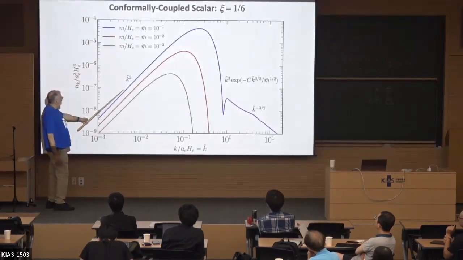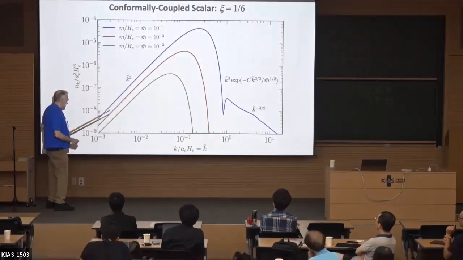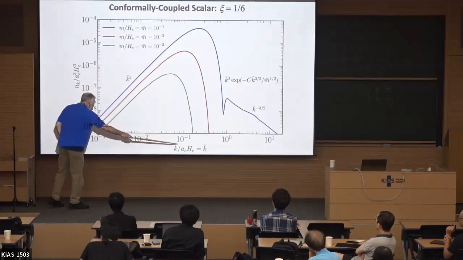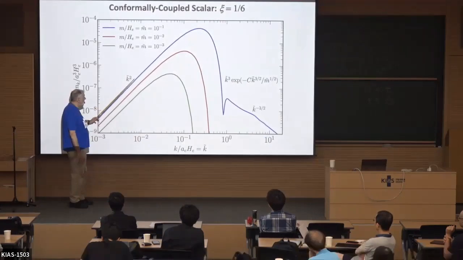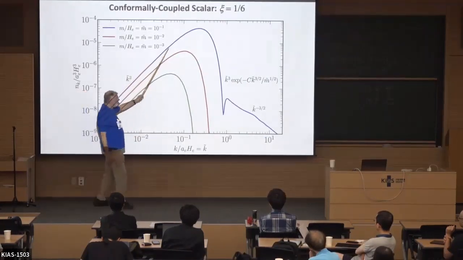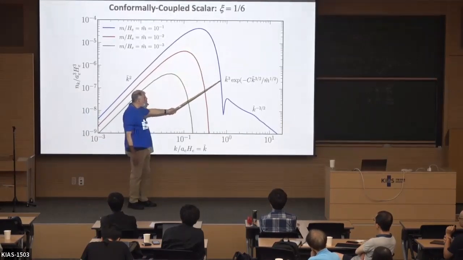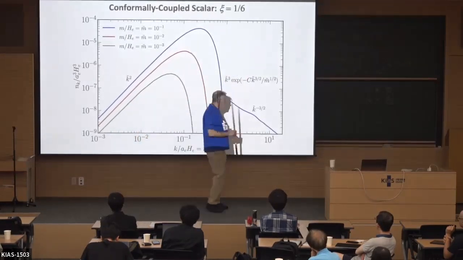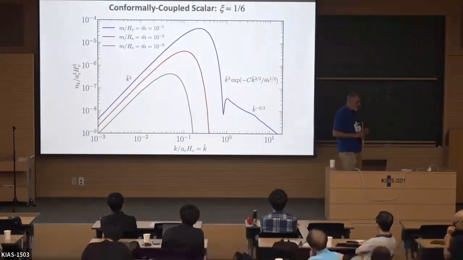Let's look at the blue curve, which is m over H_e of 10 to the minus 1. For small values of k tilde, it increases as k tilde squared. It reaches a maximum, then it decreases as k tilde cubed e to the minus some constant, approximately 2 pi, k to the 3/2 over m to the 1/2.